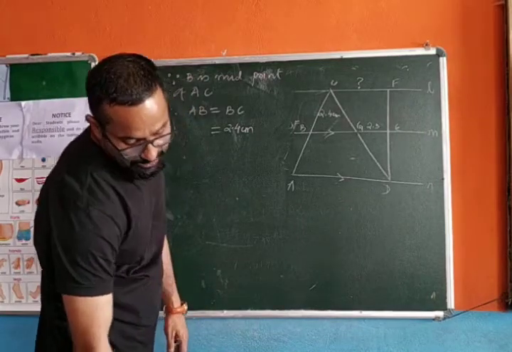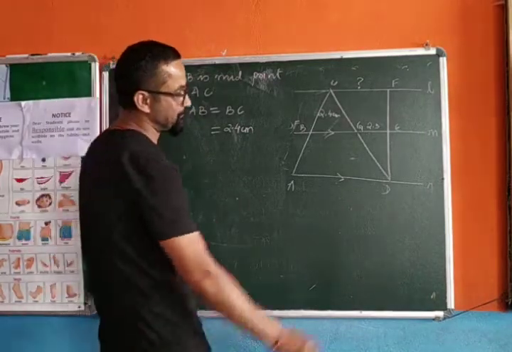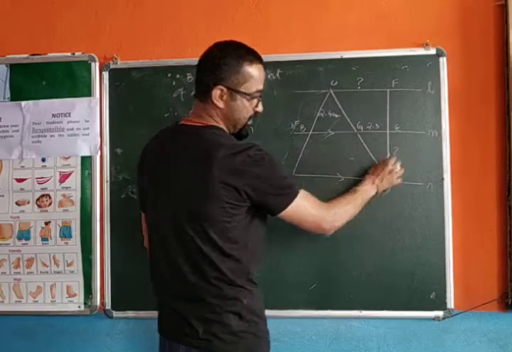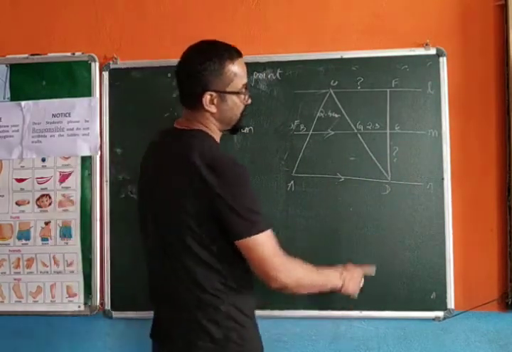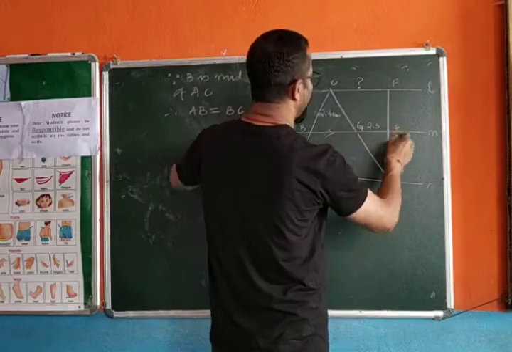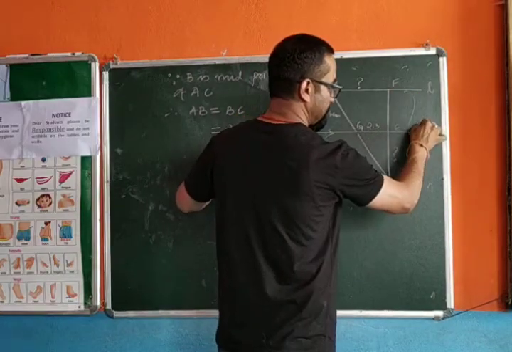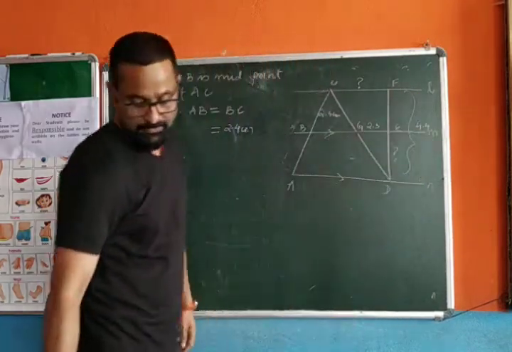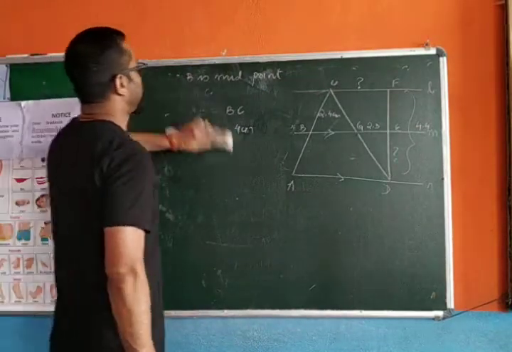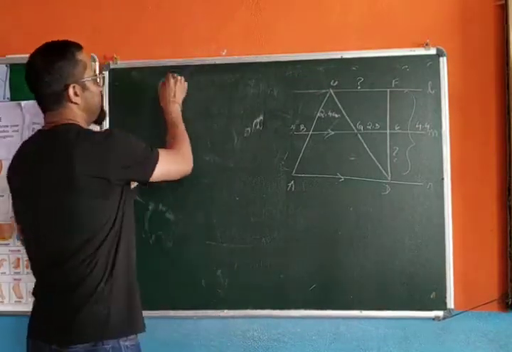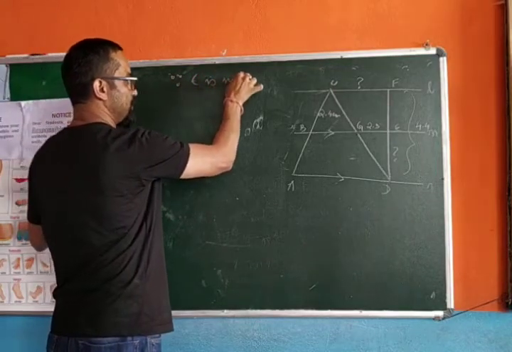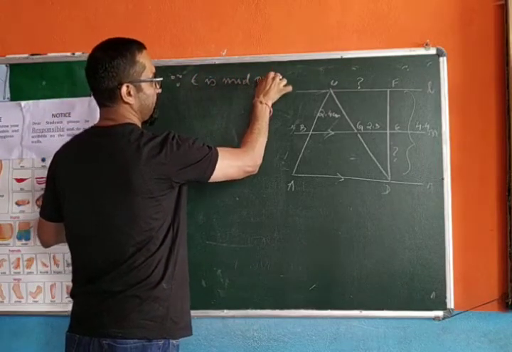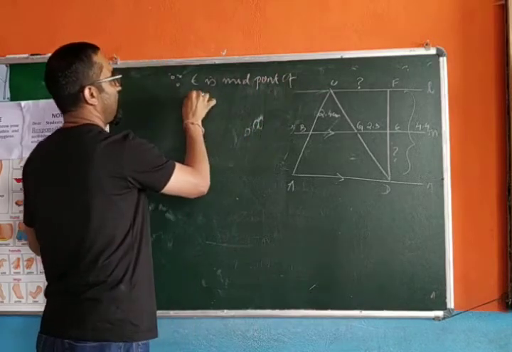Last one, you have to calculate ED when FD is 4.4. FD is 4.4, the total length. It's easier since E is midpoint of FD.